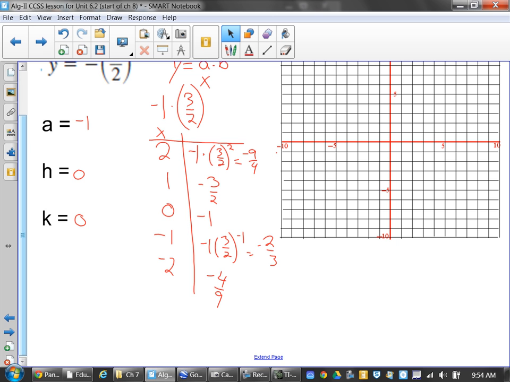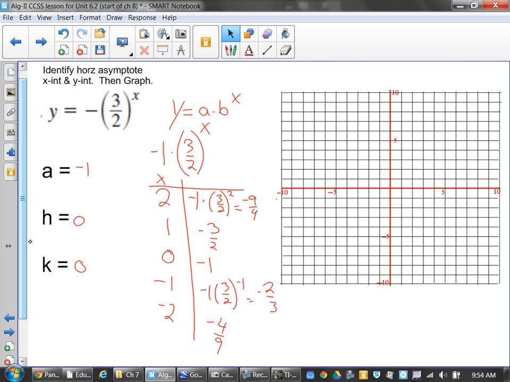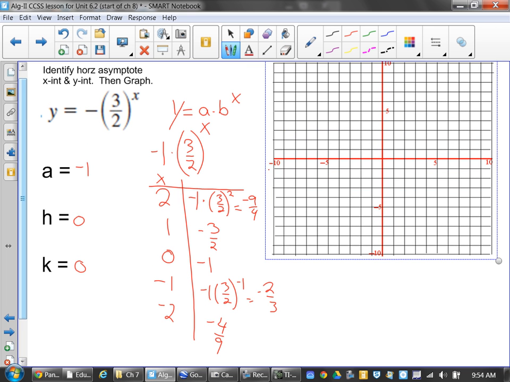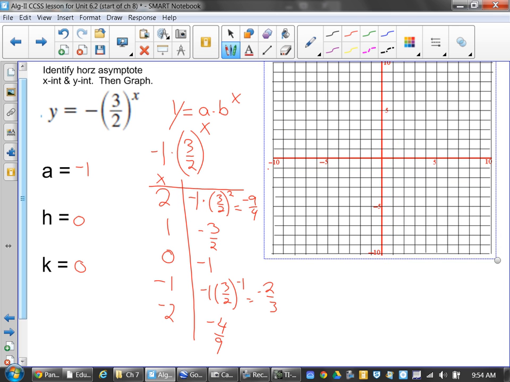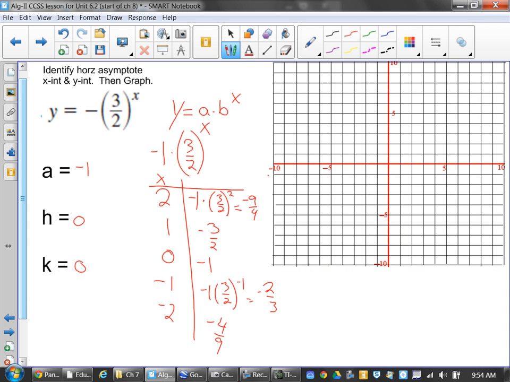Now I know it looks weird because of the fractions, but remember, in essence, they're not that bad. Okay? It's a matter of plotting them. I know I have my y-intercept at -1.